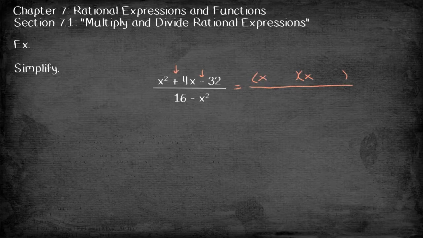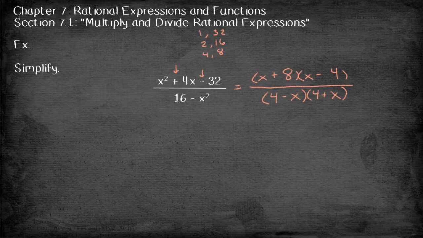So I need two numbers who multiply to give me 32, but whose difference is 4. Oh, 4 and 8, okay. And let's see, that sign is positive, so 8 gets a plus and 4 gets a minus. And on the bottom, I see that I have a difference of squares. So I already know how to do that.